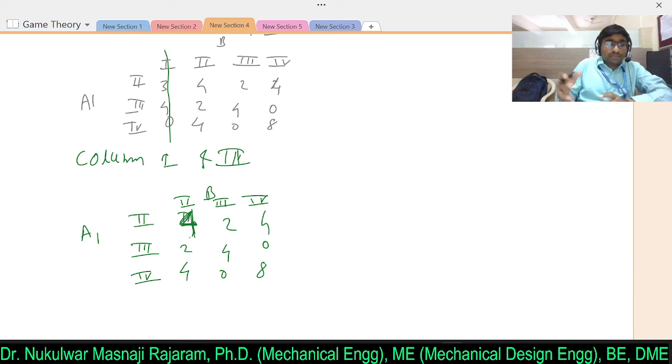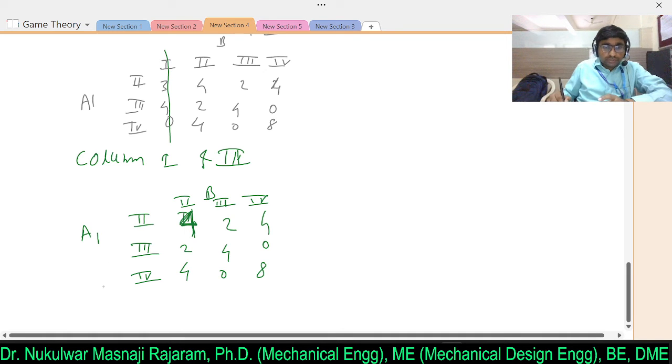We will use another principle. Clear? That is averaging, by which we can delete someone. Let's take the average of column 2 and column 3 and compare with column 4.